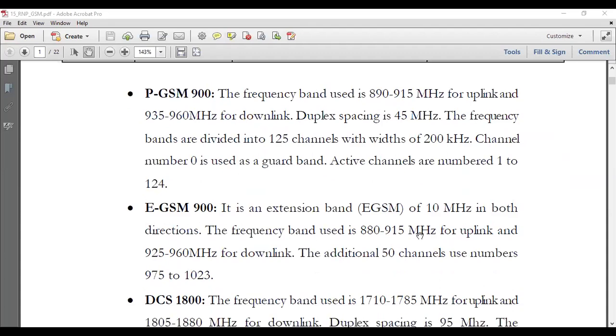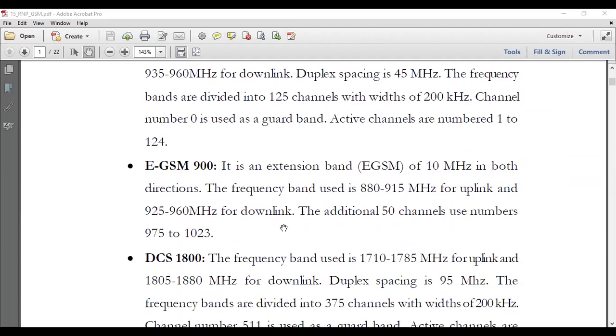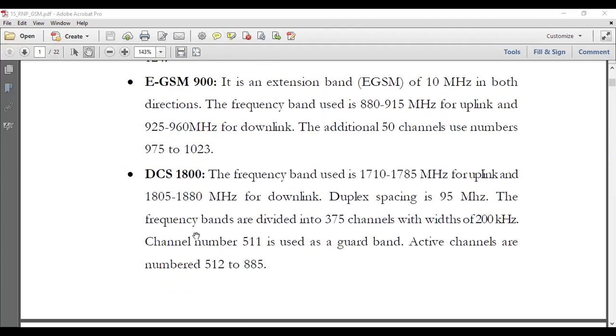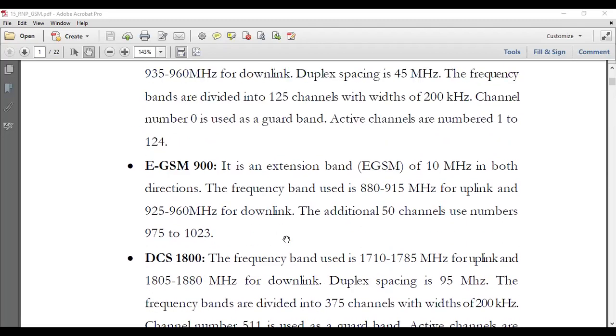Another 10 megahertz was added to both uplink and downlink. Another popular band is 1800. Now, in our country, 2G used these 900 and 1800 bands, and these are the popular bands in Asia, Europe, and Australia. Okay, but North America uses some other bands.